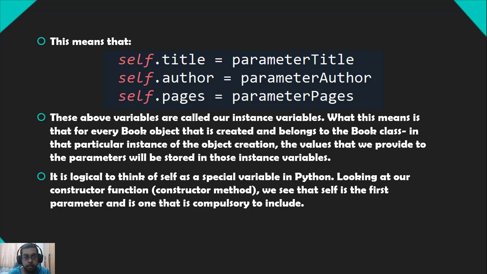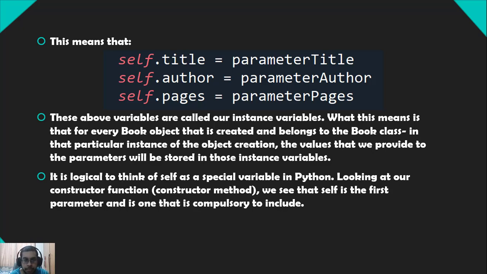These above variables are called our instance variables. What this means is that for every book object that is created and belongs to the Book class, in that particular instance of the object creation, the values that we provide to the parameters will be stored in those instance variables. It is logical to think of self as a special variable in Python.